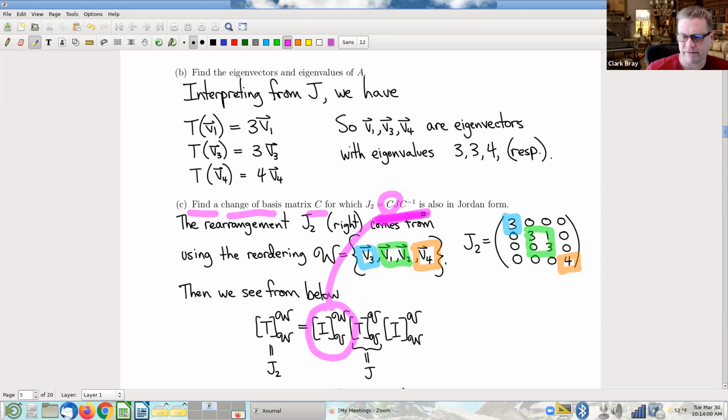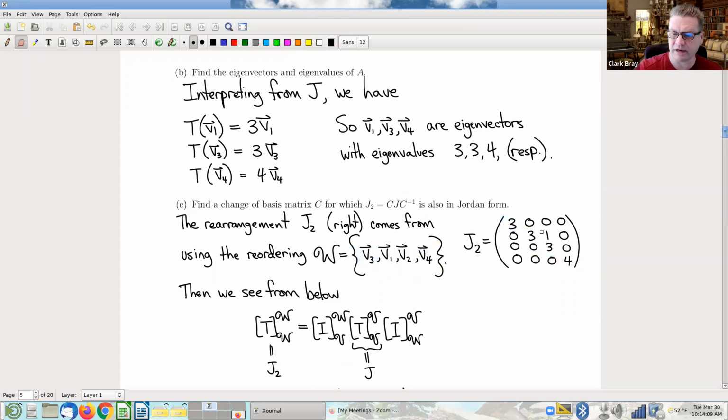That's arbitrarily what the question's asking for. But now that we realize I want the one on the left, here it is. And we have a simple process for how to figure out what that matrix is. This is just a change of basis matrix.